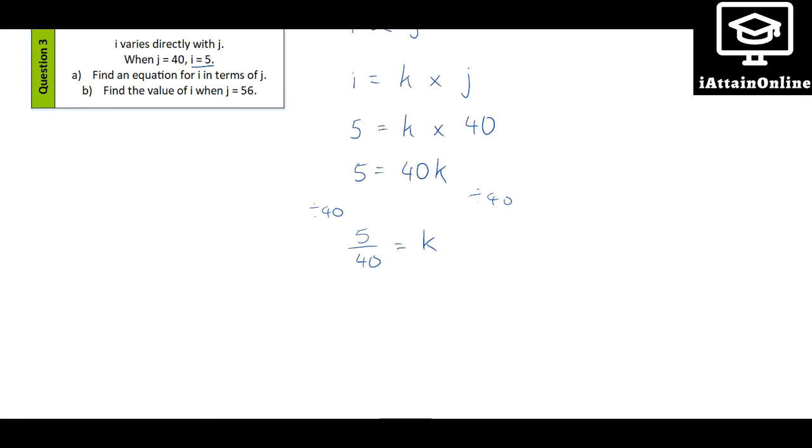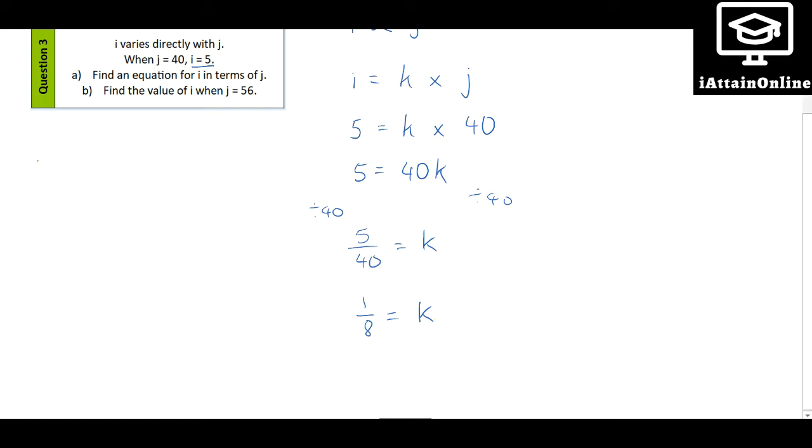Now, that doesn't look particularly nice, but what you can do is simplify this fraction. Both of those numbers are in the 5 times table, so k is actually equal to 1/8. Don't just see the 40 and the 5 and assume you're always going to be doing the bigger number divided by the smaller number.